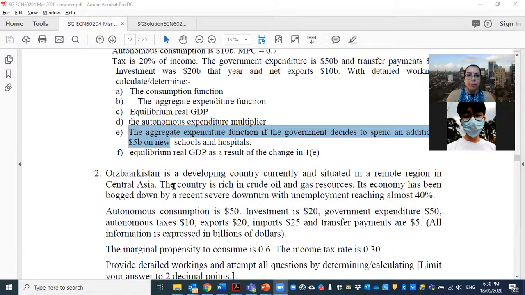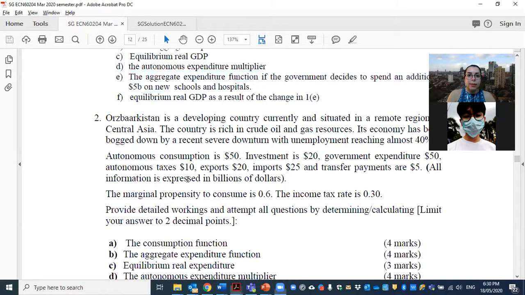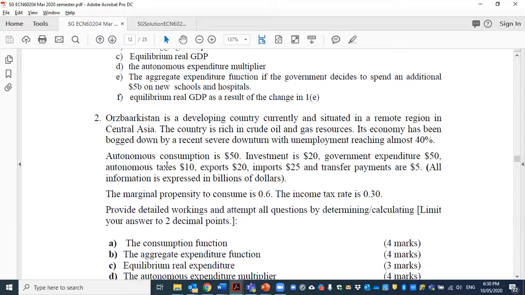I'm summarizing this question for myself first. Autonomous consumption means my A, so A is equal to 50. Investment is equal to 20. Government expenditure G is equal to 50.